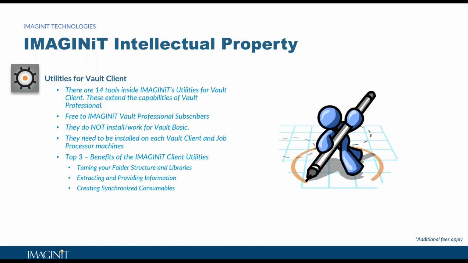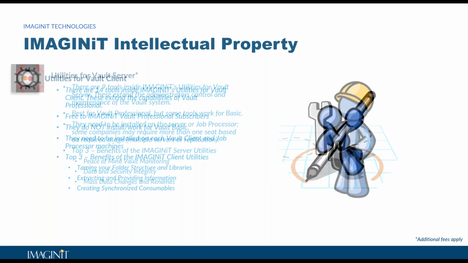And then the management and synchronization of your information, being able to set up standard folders so that users get consistent folder structures, and setting up folder templates, those types of things help reduce the manual repetition and also create consistency. So just some of the additional capabilities that come in with the client side.